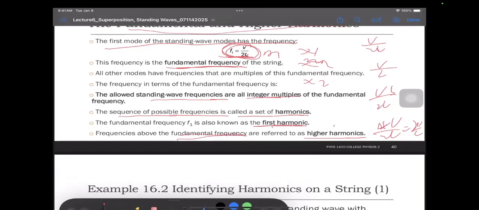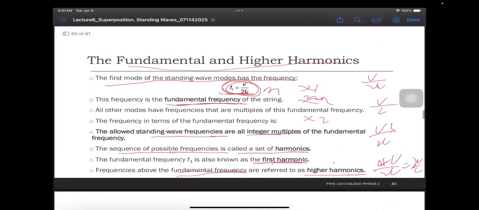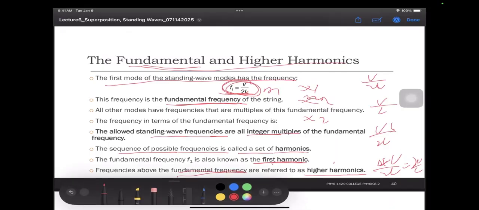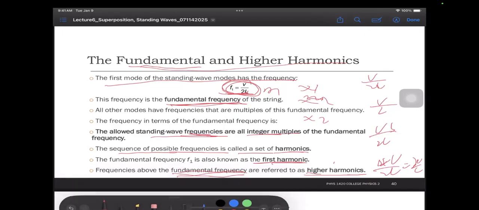Does this make sense to you? This is the definition for the fundamental harmonic and the higher harmonics. The fundamental harmonic is the harmonic whose frequency is the fundamental frequency. Higher harmonics are related to the fundamental frequency. Does it make sense to you?